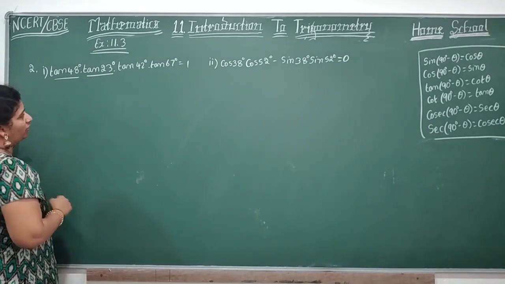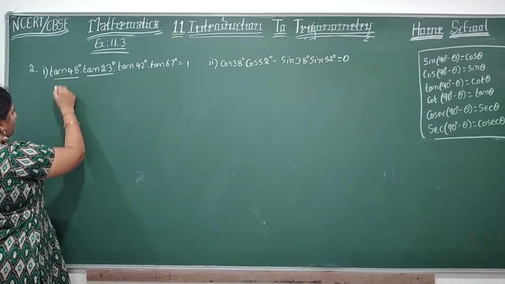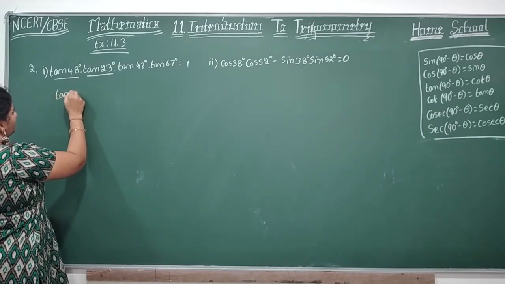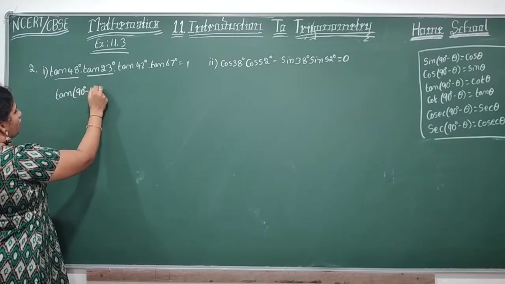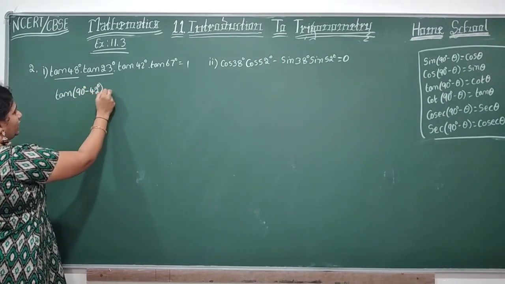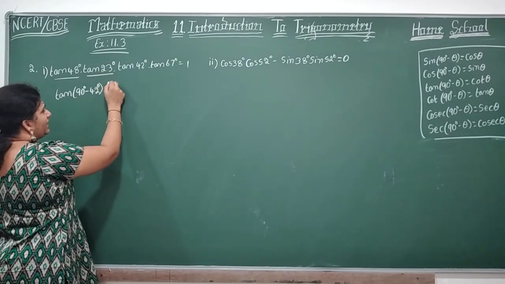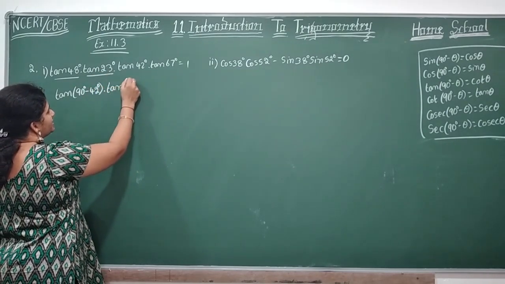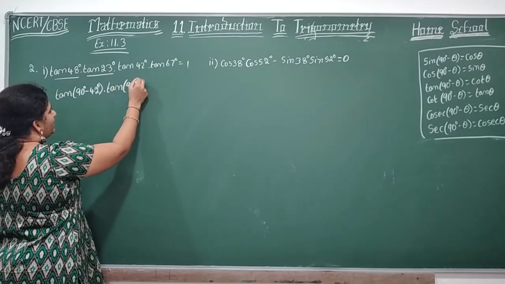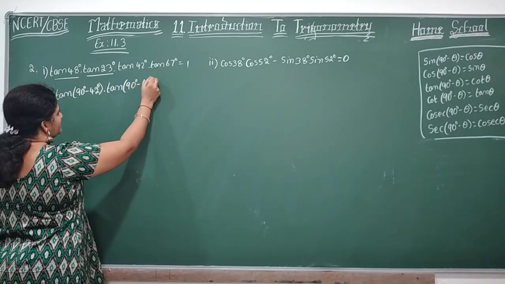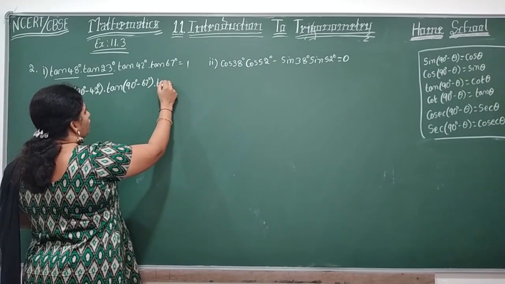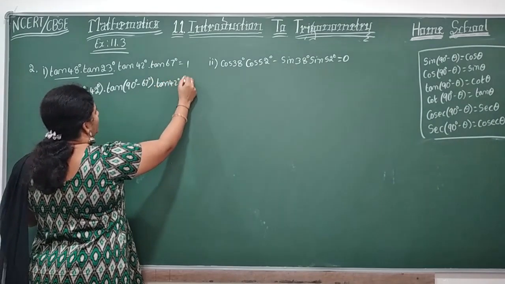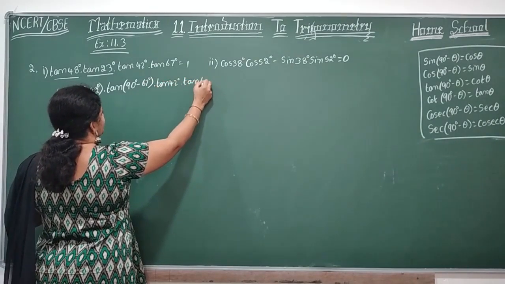Tan 48, how can we rewrite this? Tan of 90 degree minus 42 into tan 23, how will you change? Tan 90 degree minus 67 into tan 42 degree into tan 67.